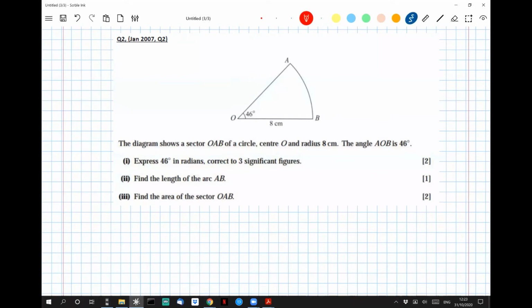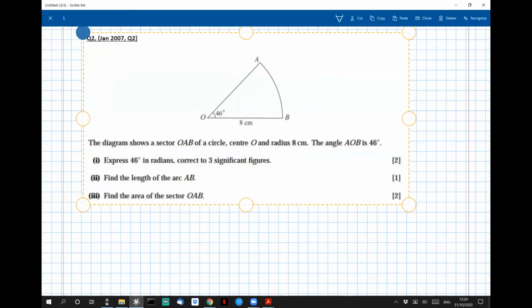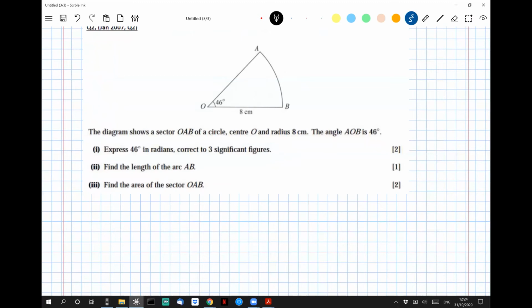So quite kindly, the question's guided you to turn 46 degrees into radians. So as always, part 1, 2 pi radians equals 360 degrees.